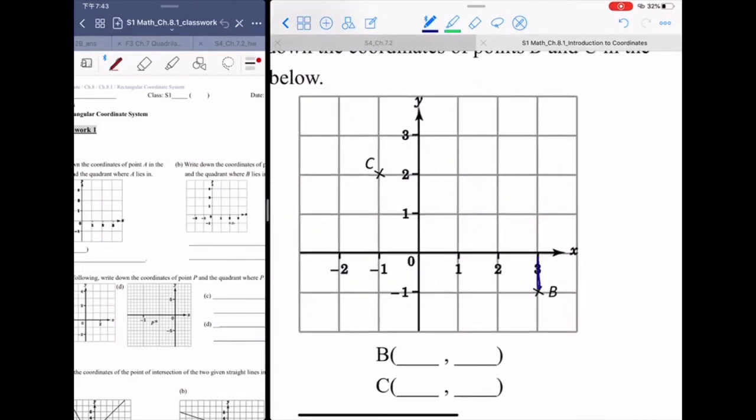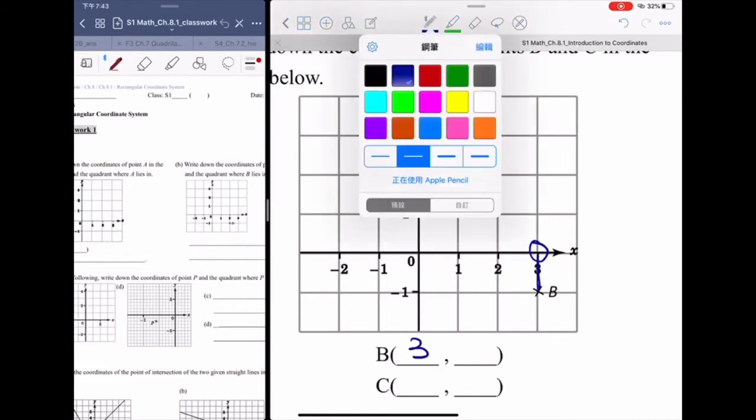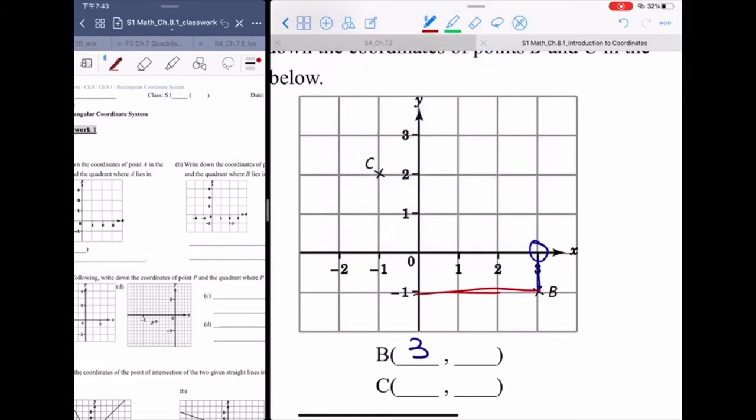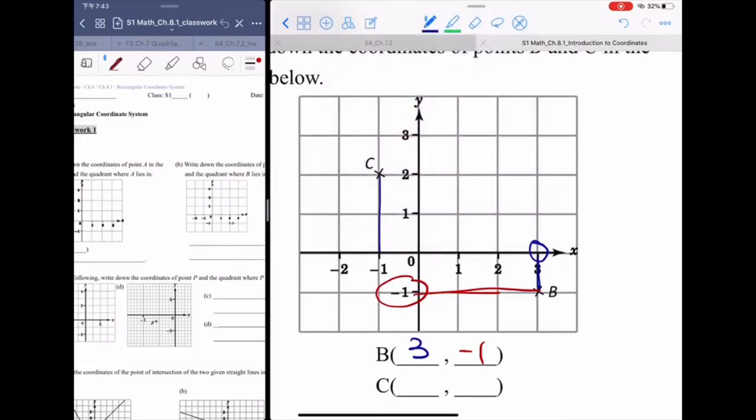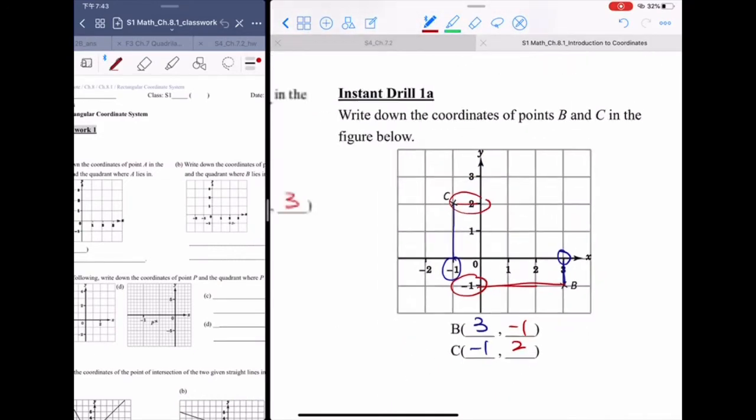So B, row 3, and then the -1 column. And then C, oops, C is -1, and then the column 2.